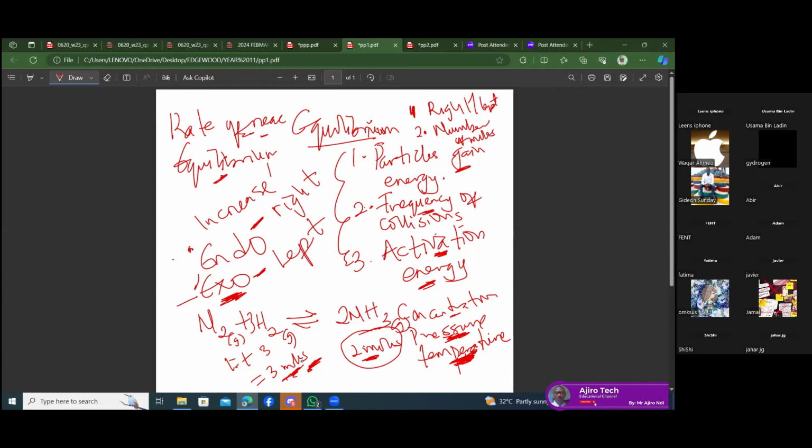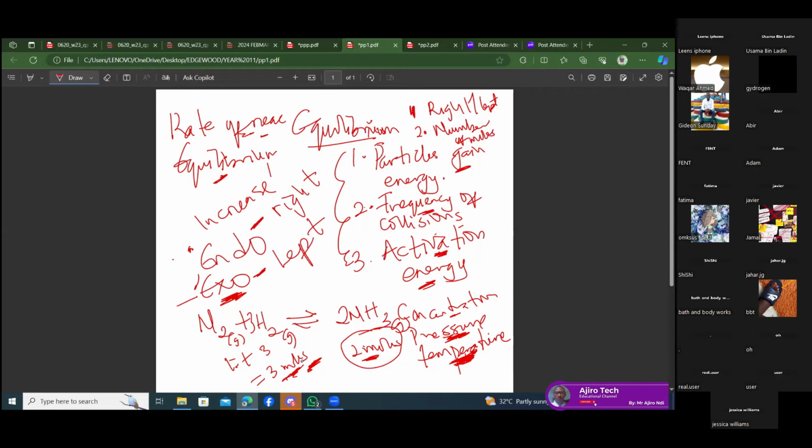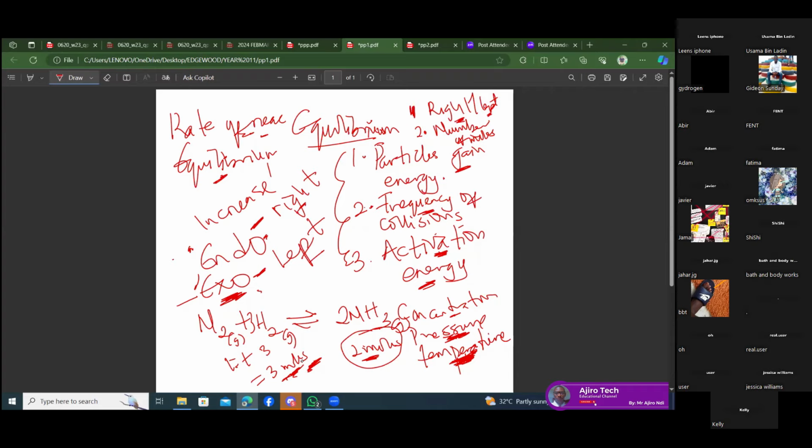These are very important information. Remember, when you are discussing temperature, equilibrium shifts to the right or the left because the reaction is endothermic or exothermic. You get your 2 marks. For pressure, equilibrium shifts to the right or the left because the number of moles is more or the number of moles is less. These are the reasons you need to state.